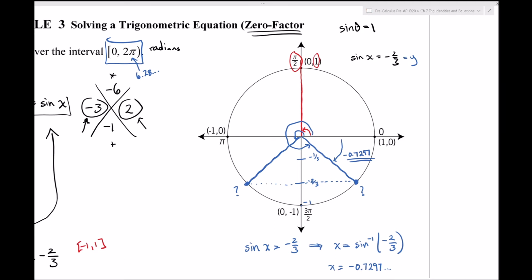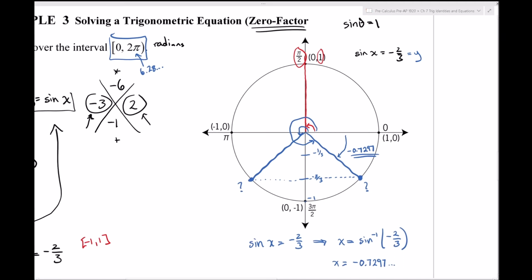I can actually find out what the answers are that I want by taking that as an absolute value and adding it here. So this is going to be the size away from the x-axis on this side. 0.7297 something something. And I'm going to add that over to this value, which is pi.